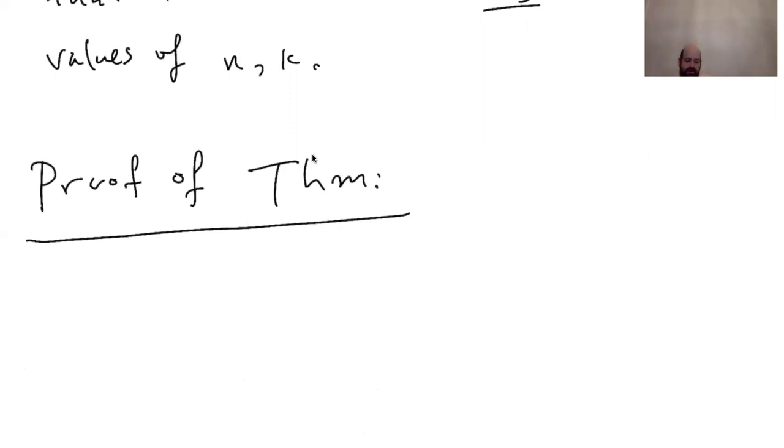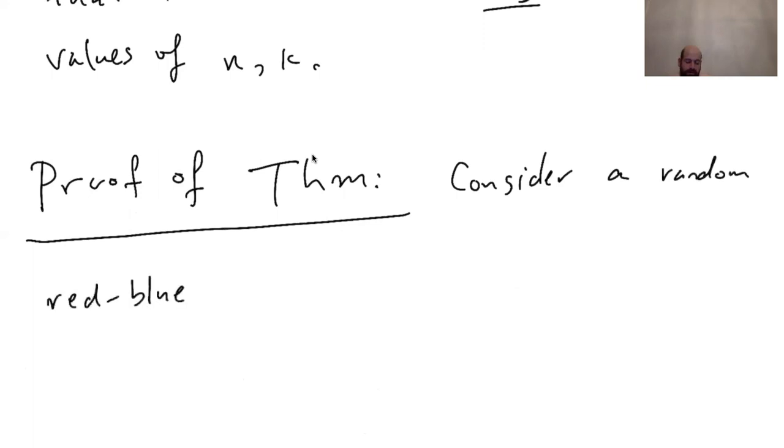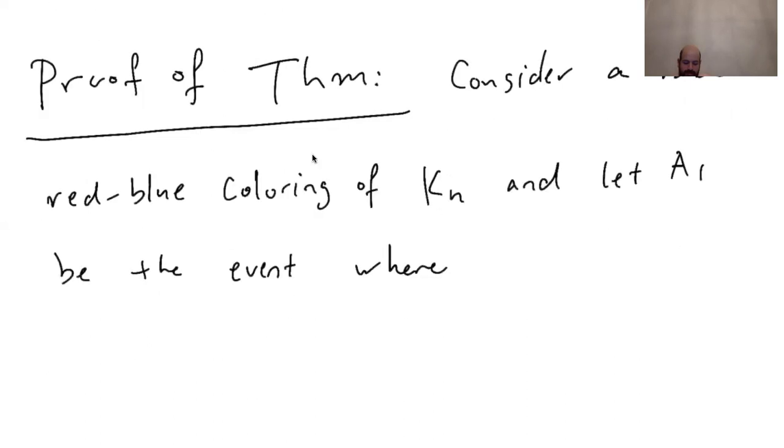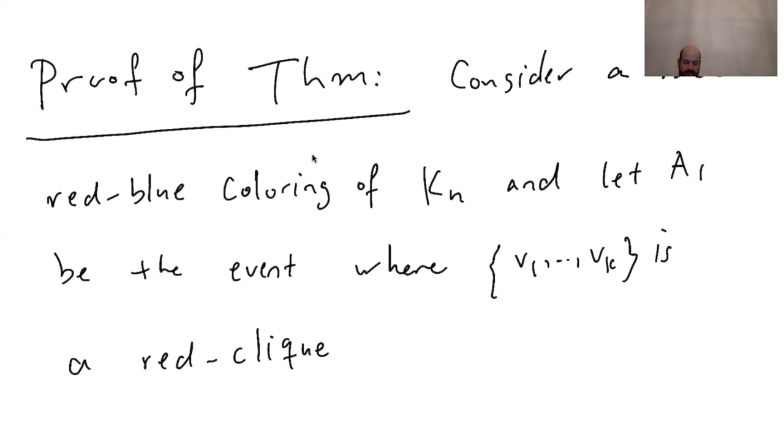Now, to prove the theorem, consider a random red-blue coloring of K_n, and let A1 be the event where, let's say, V1 to Vk is a red clique of size k.